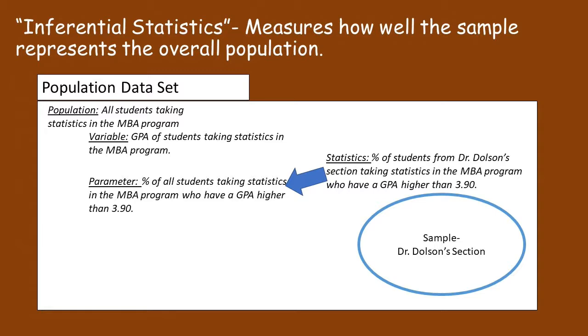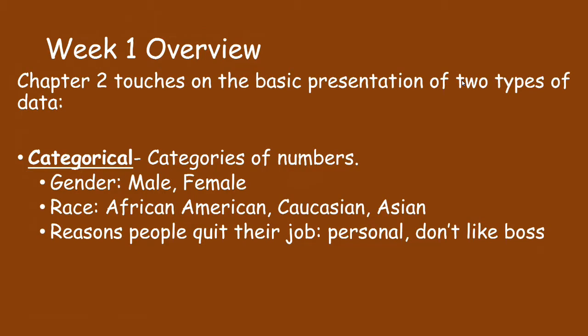Okay, more to come on that, but as we go throughout the rest of the book, let's hit chapter 2 briefly. Chapter 2 touches on some basic presentations of two different kinds of data types, if you will, two different ways to represent numbers. We have categorical numbers, which are categories of numbers, just like it sounds. Examples would include, if you're going to divide male and female, the category of gender. How many are male?